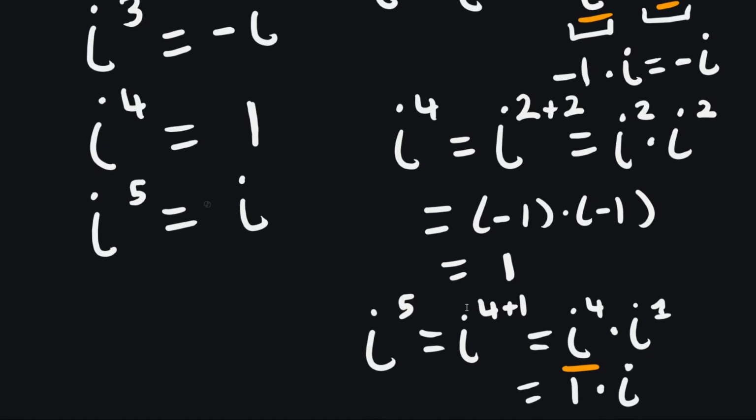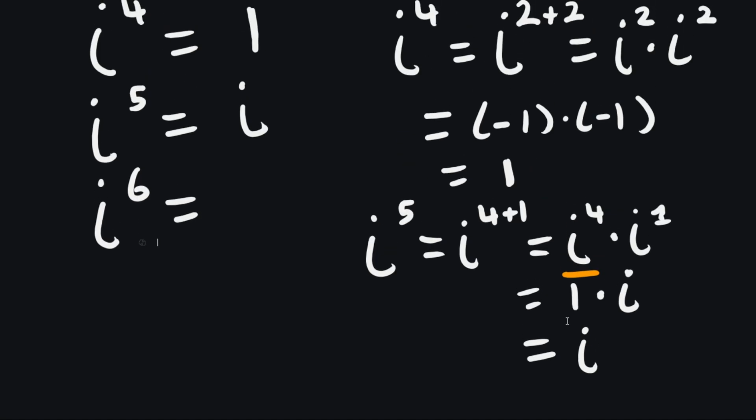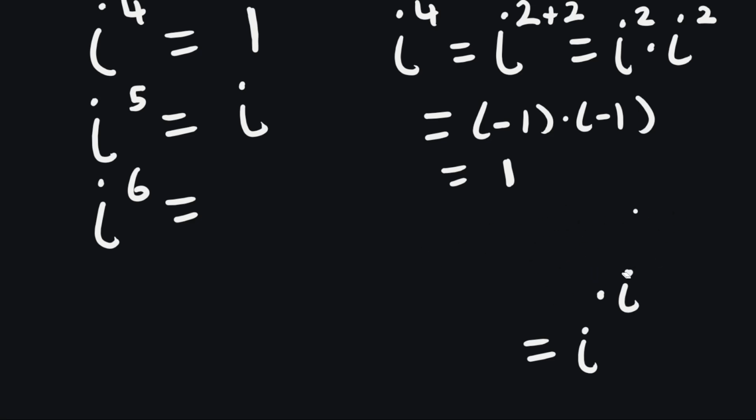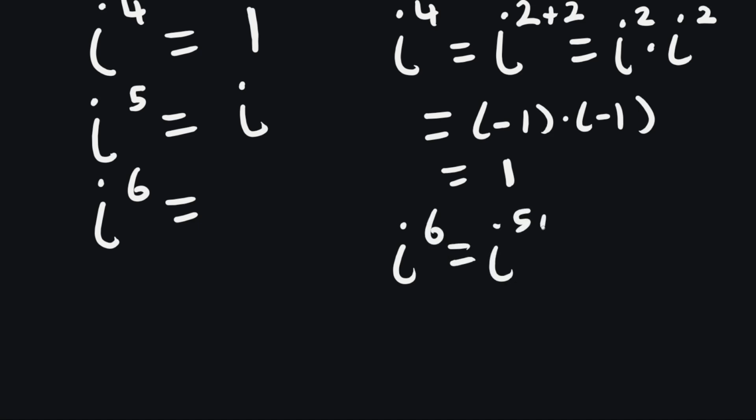And let's go one more step. i to the sixth. So let's just go through this quickly, and let me erase some of this. I just want to make some space. So i to the 6th power, we're going to do the same thing. i to the 6th is i to the 5th plus 1, which is i to the 5th times i to the 1st.